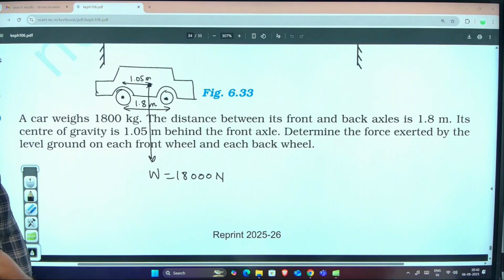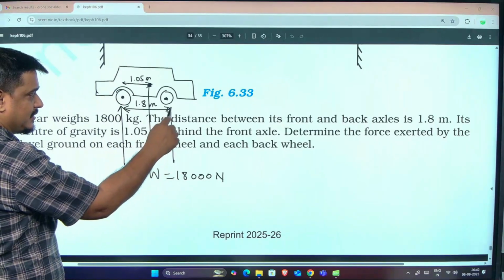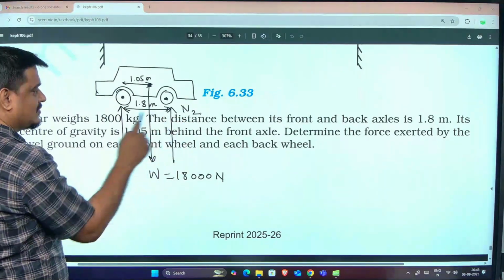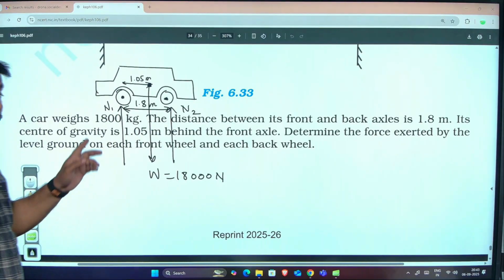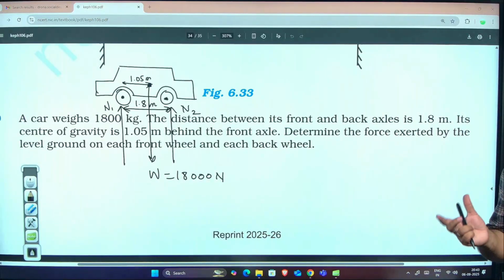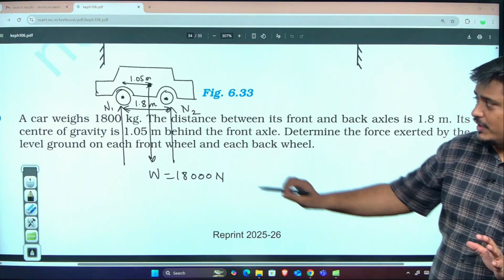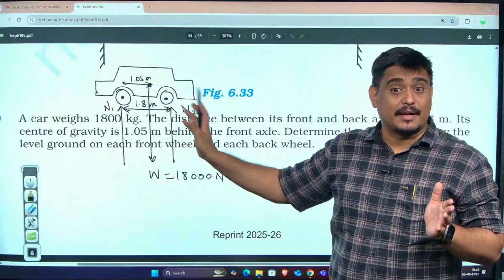Determine the force exerted by the level ground on each front wheel. So what they are asking is the reaction, isn't it? Is the question clear to you? Question is simple actually. But one thing, whenever you find the N1, N2 value, divide by 2 because there are two wheels in the front and back. Diagram is clear to you. They have told the distance between front and rear axle.